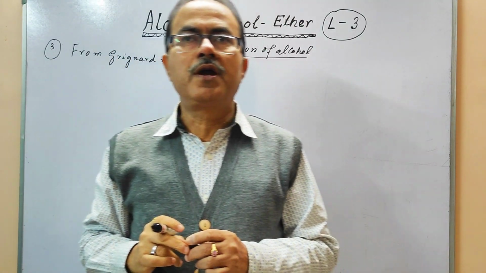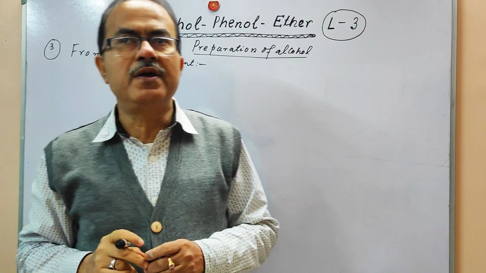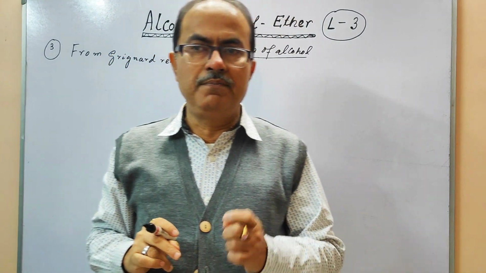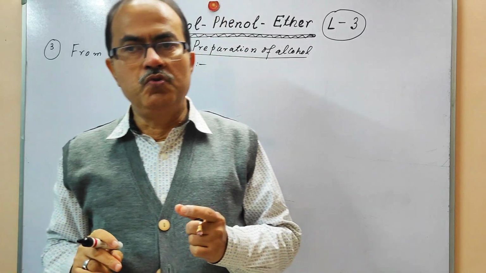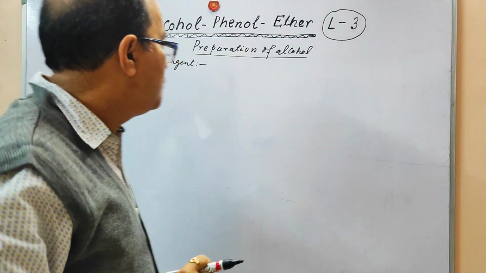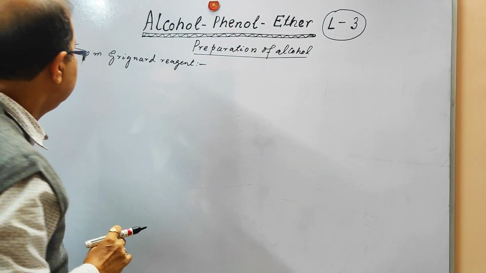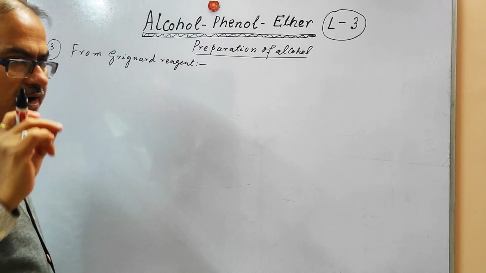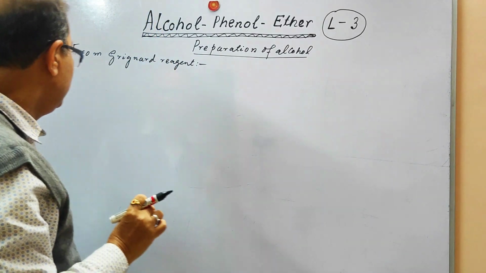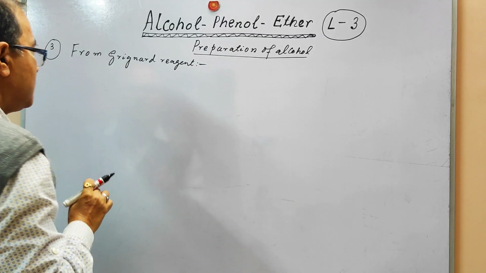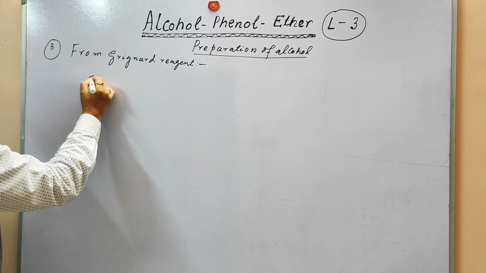We can say it is an organometallic compound, where you can find the presence of the metal as well as the organic alkyl groups. So from the Grignard reagent, the aldehyde and the ketone, we are able to produce the alcohol. The general reaction is like this.